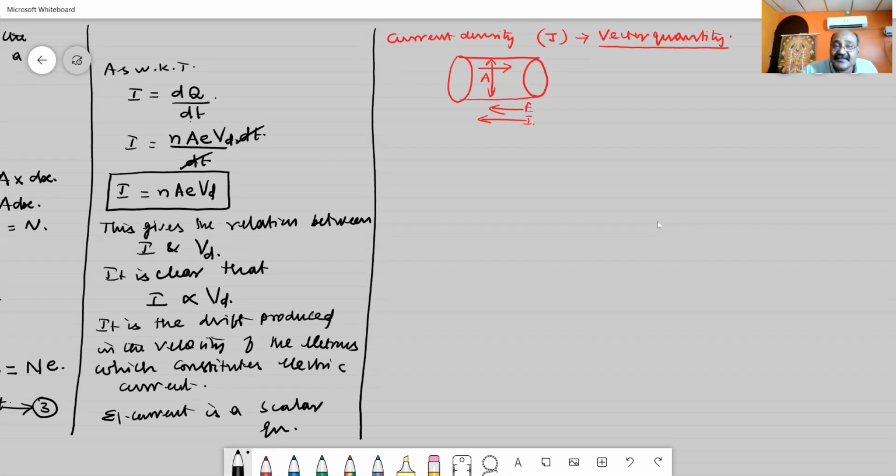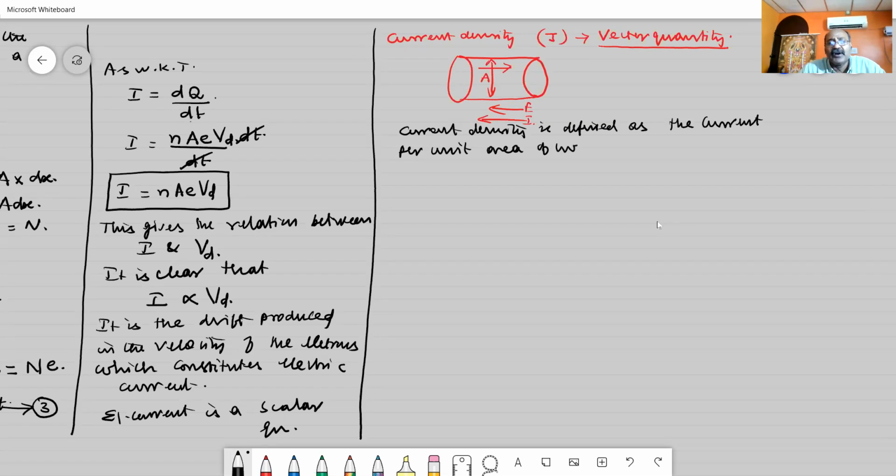Then how can I define current density? Current density is defined as the current per unit area of cross section, where the electrons are moving perpendicular to the area of cross section.